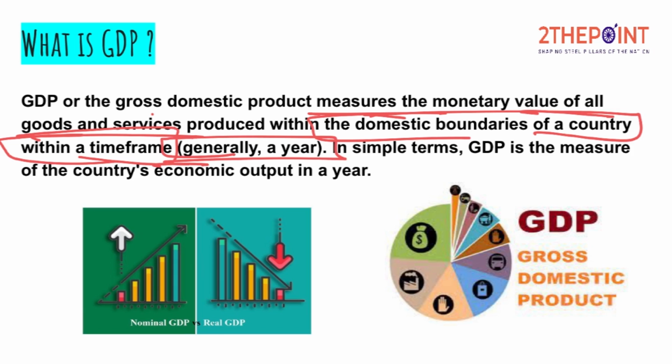So what GDP is all about: whatever goods and services a country is producing within a time frame of 1 year, the sum of the monetary value of all those goods and services will be the gross domestic product.